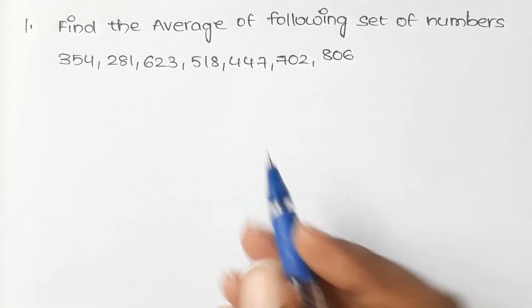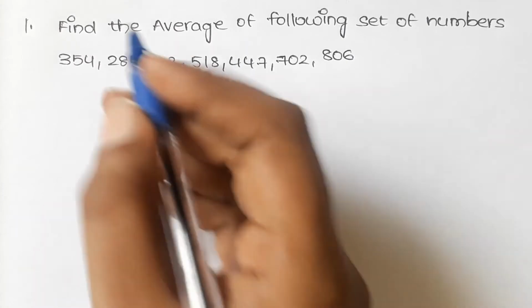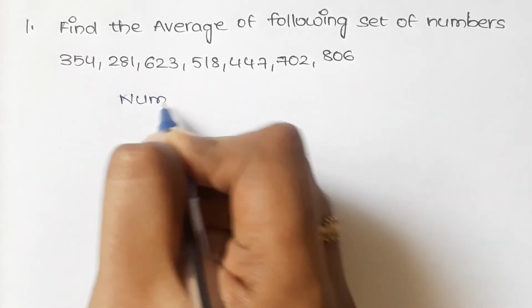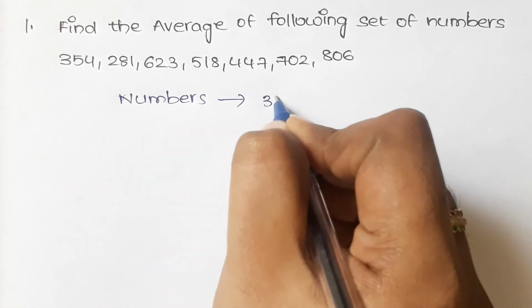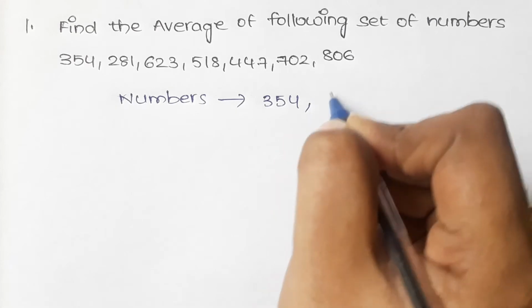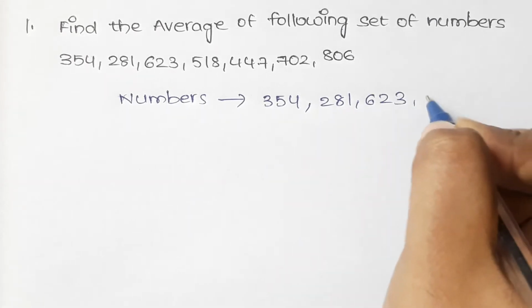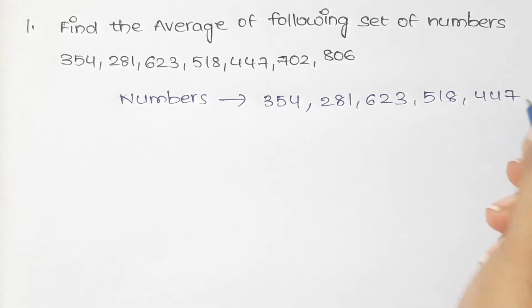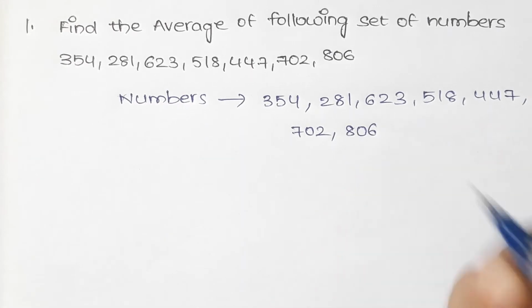Now the observations are the given numbers. Let us write the given numbers: 354, 281, 623, 518, 447, 702 and 806.